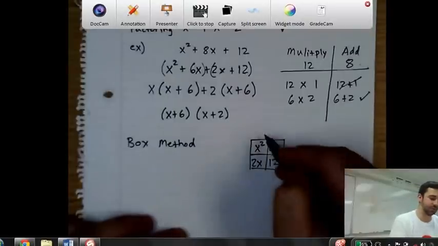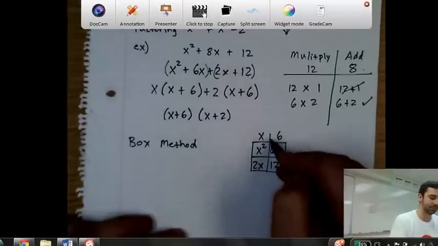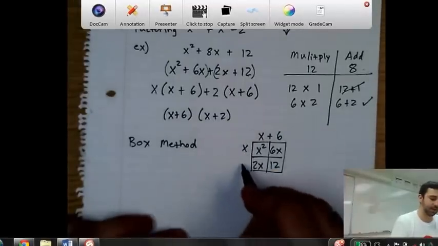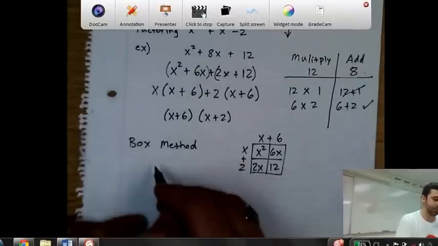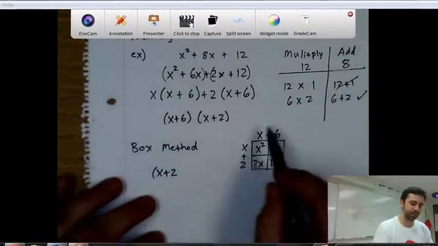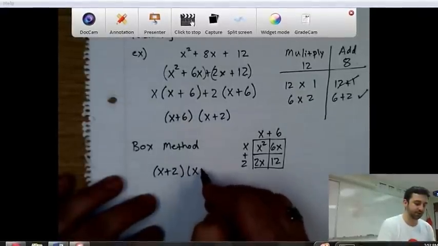For the first column it is x, second column is 6, the first row is x, and the second row is 2, which around the perimeter of my box gives me my factored form.